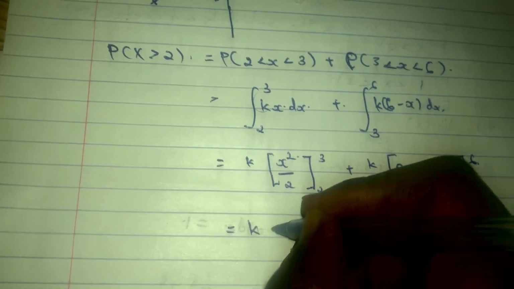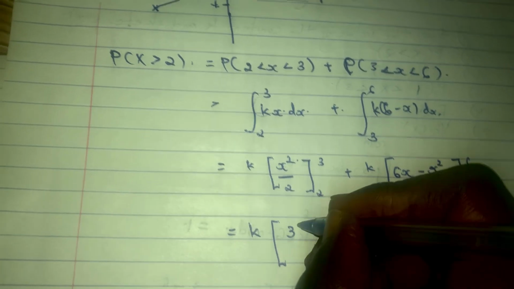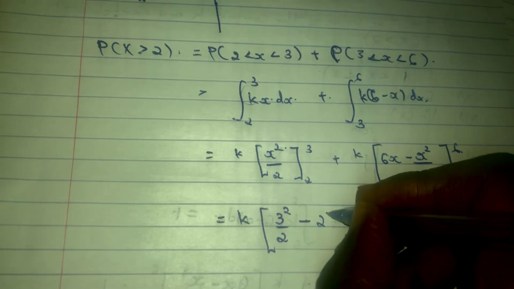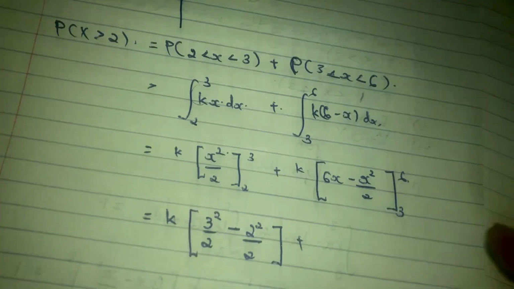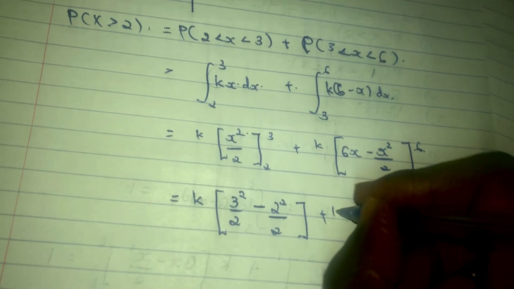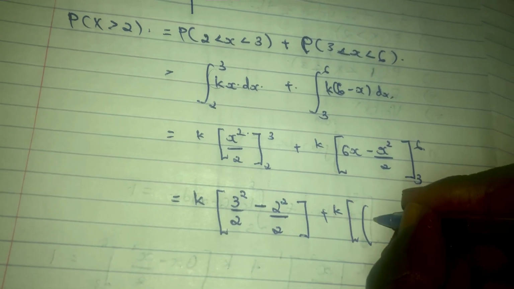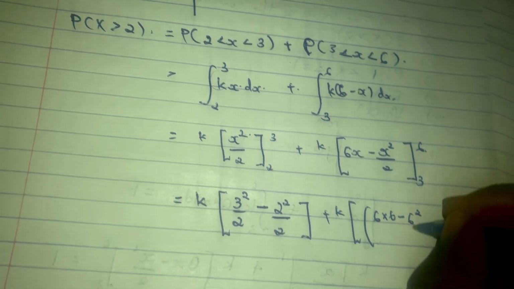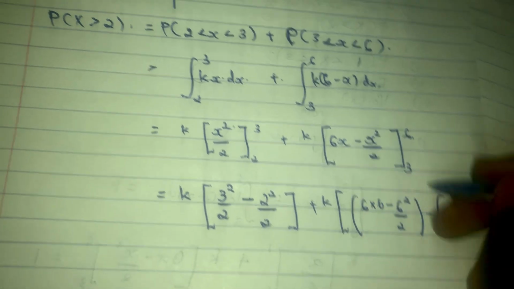So this leaves us with k into, start with 3 squared over 2, minus, now you put in the 2, 2 squared over 2, plus k into, now we put in the 6. This is 6 times 6 minus 6 squared over 2, minus, here what do we have?